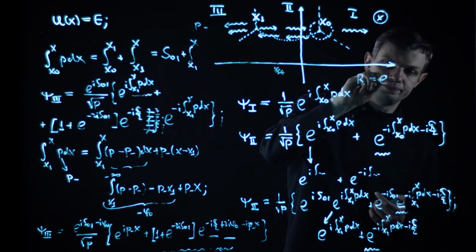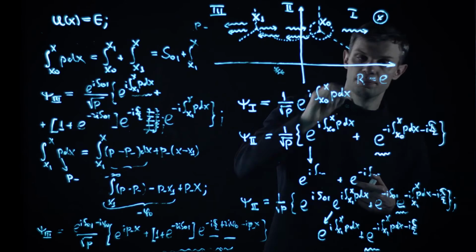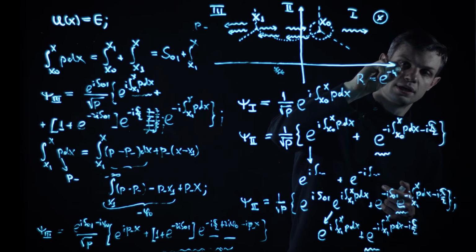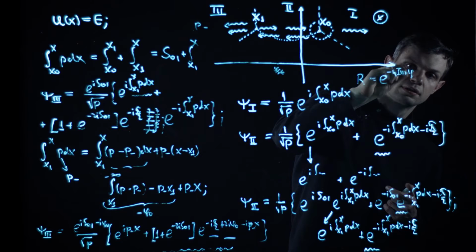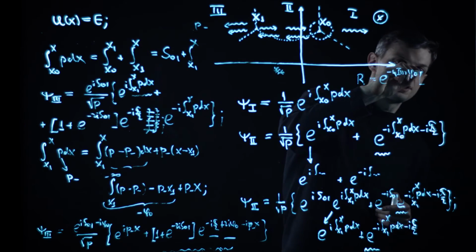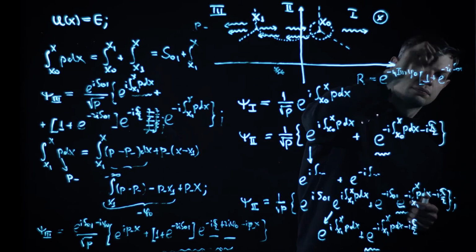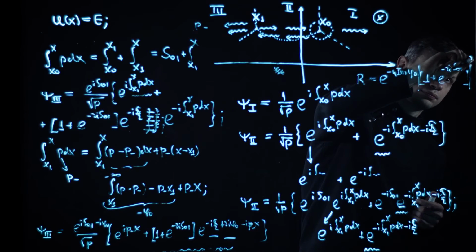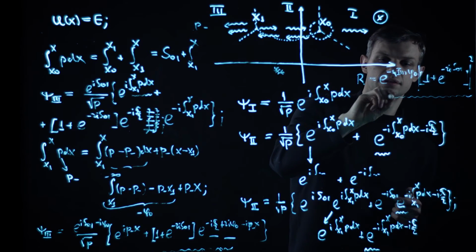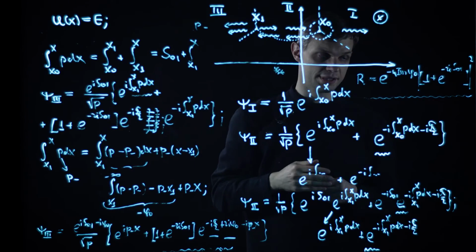So the reflection coefficient, as in the case of a single turning point, is just e to minus 4 times the imaginary part of phase phi naught multiplied by the modulus of this complex expression squared. And this is our final answer for the reflection coefficient in the case of two turning points.